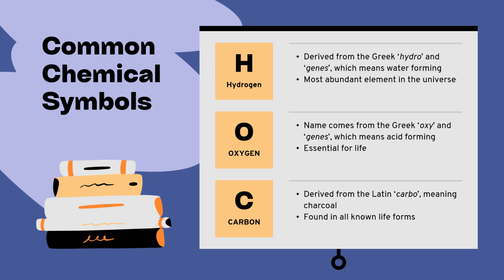Hydrogen is water forming and oxygen is acid forming, and oxygen is essential for life. Next is carbon, derived from the Latin carbo, which means charcoal. Charcoal we can find in all life forms; wherever a living thing is there, it contains carbon.